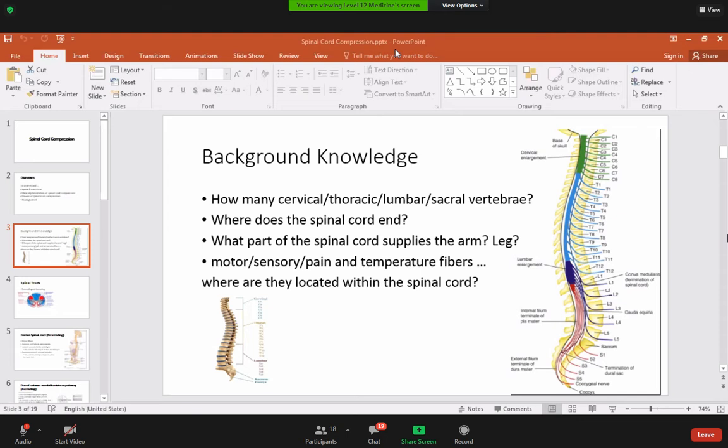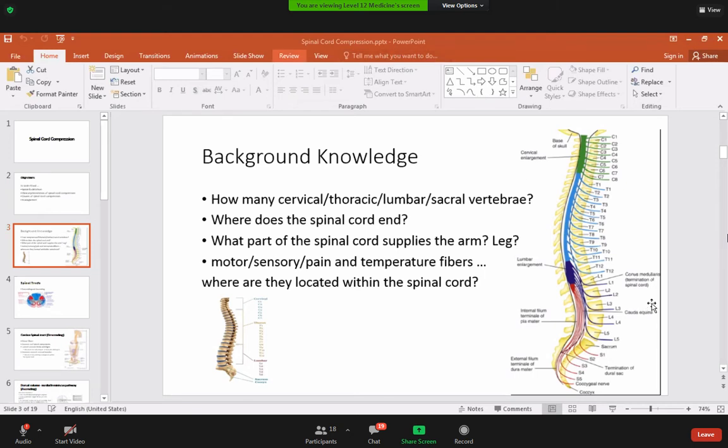And there are different pathways for different sensations, and different pathways for motor and sensory bundles. The bundles that are taking the motor nerves are arranged separately from the bundles that are taking the sensory fibers up from the lower part to the brain. They are in separate bundles within the spinal cord.